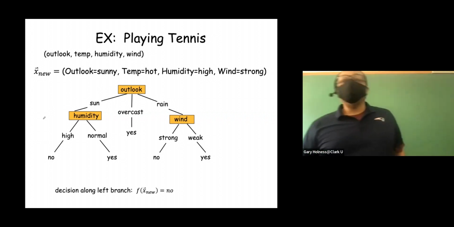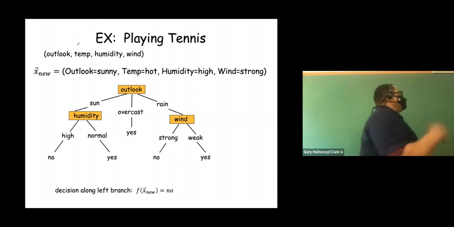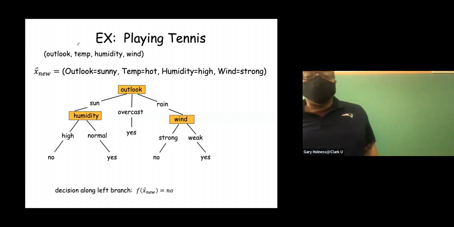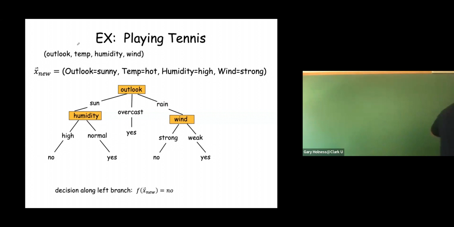And for some of the vector instantiations of this 4-dimensional feature space, or points in 4 dimensions, some are going to pass the test for sunny, some points are going to pass the test for overcast, and some are going to pass the test for outlook equals rain. So with this, you take your original in-sample data and you apply this test. It's going to partition your data points into 3 subsets.